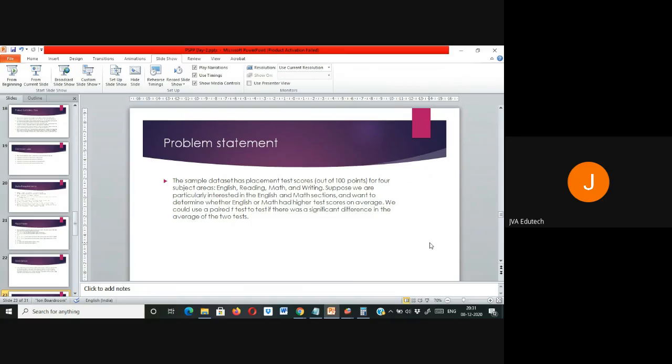So basically what we want to test here is one pair of English, one pair of math, where the students are the same, only two related categories, English and math. Whether they have higher test scores on average or not, because their placement test scores have been taken out of 100 points, whether the English and the math scores are the same or higher or not.